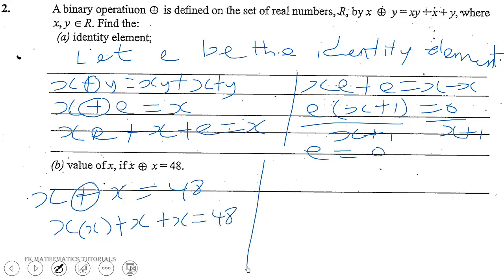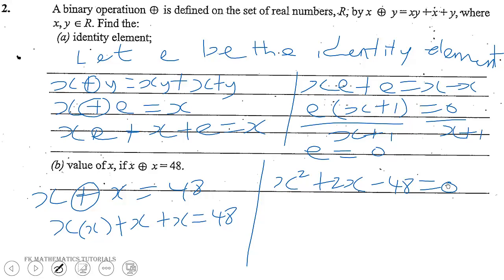So we get x² plus 2x minus 48 is equal to 0.